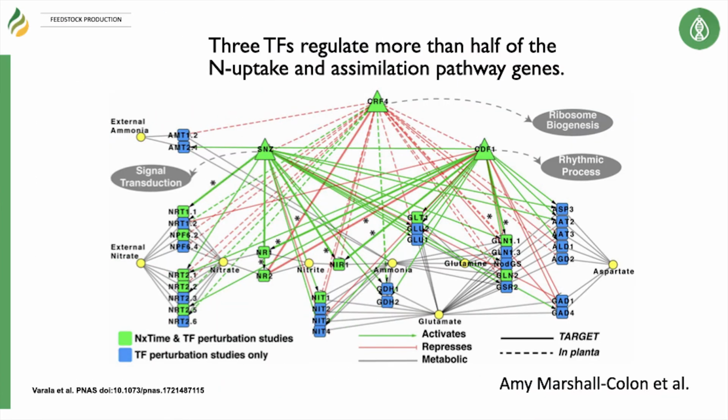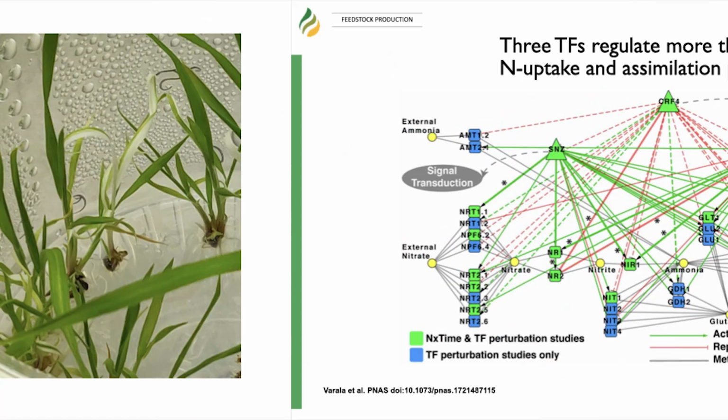The ultimate goal then is to understand how these genes are interacting with each other. Here's another slide from Amy, showing that once you understand and have all these integrated systems data sets, you can start to link the genes to each other and understand the flows of information as well as the flows of carbon and other elements in the cell, and then by virtue of that understanding begin to control them.